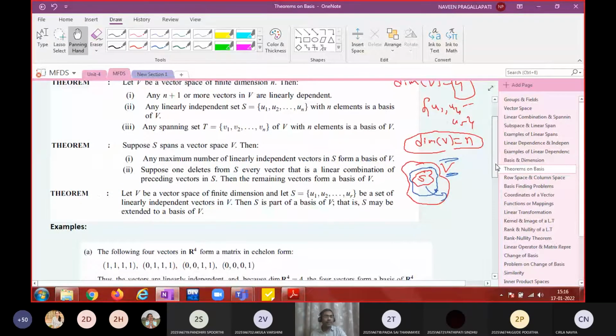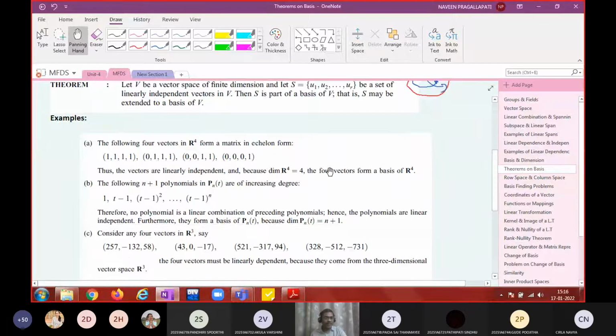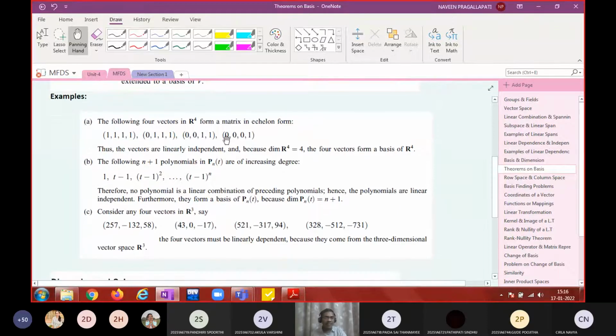Okay, next, if you want to know whether a given set of vectors is linearly dependent or not, you put the vectors into matrix form and find the rank of the matrix. That is nothing but the number of non-zero rows.